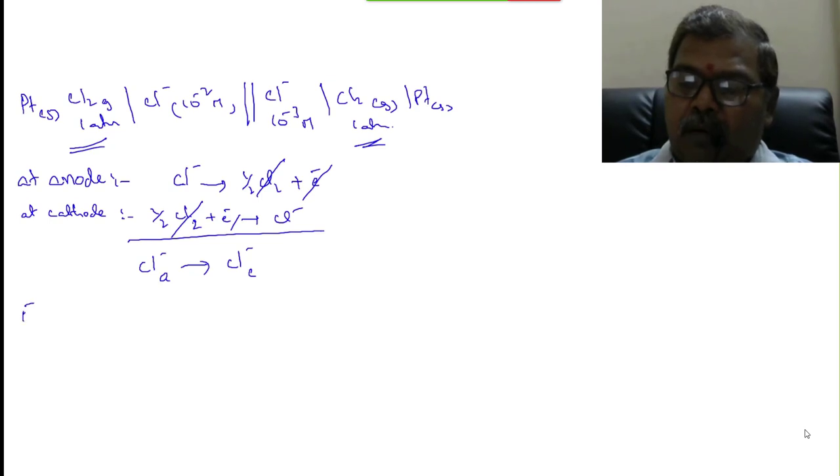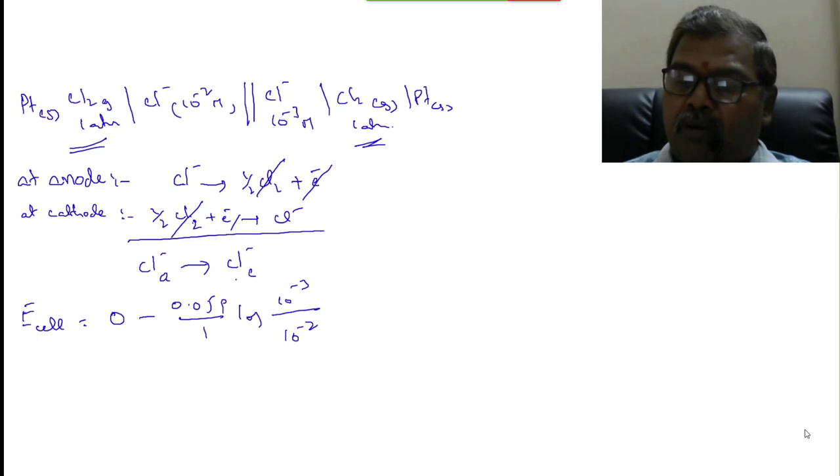Now apply the Nernst equation. E cell equals E naught cell, which for a concentration cell is 0, minus 0.059 by the number of electrons involved, 1, and log of Cl minus in the cathode half cell, 10 power minus 3, over Cl minus in the anode half cell, 10 power minus 2.